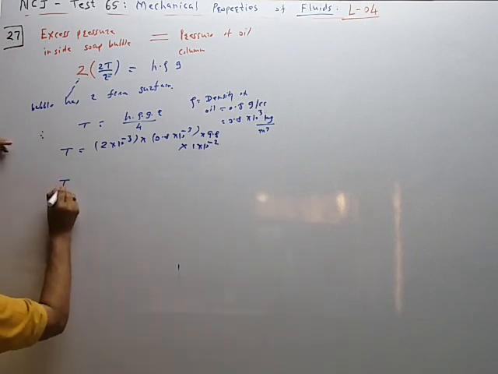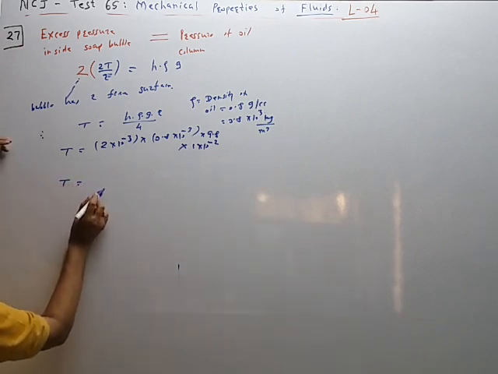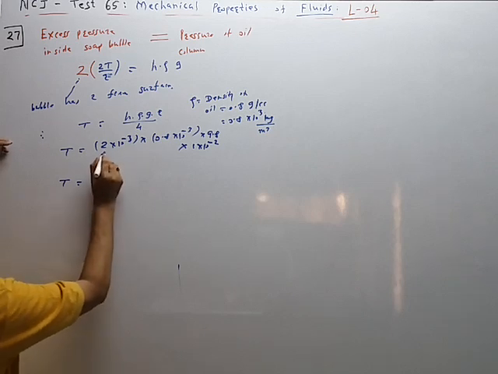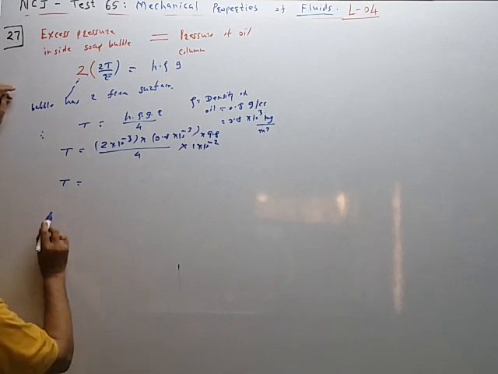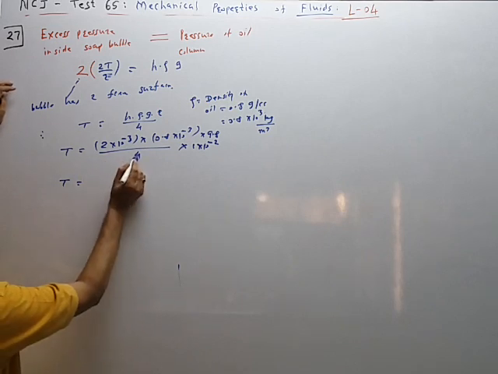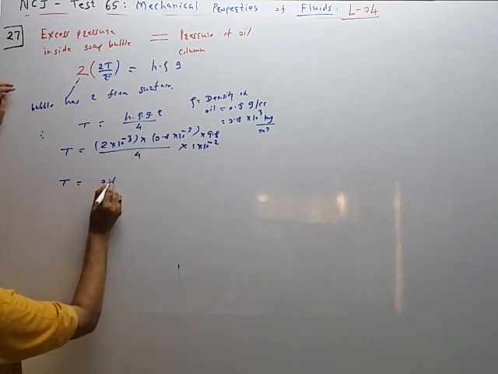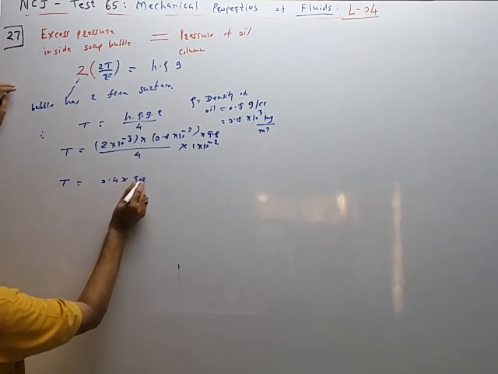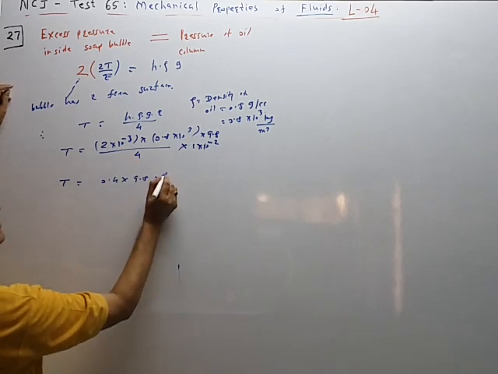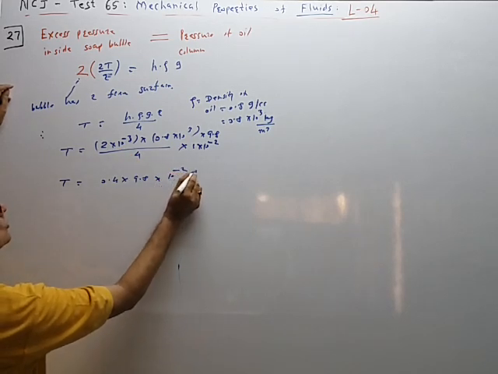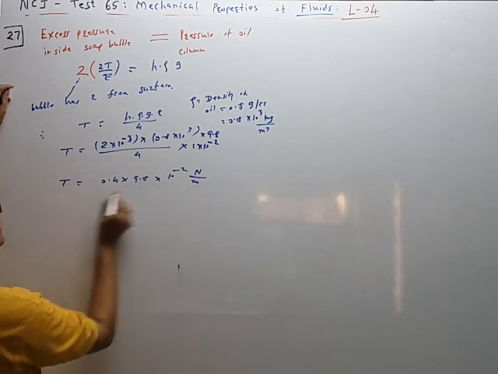So T is equal to, now see this calculation, upon 4. So this will be divided by 2 and this is equal to 0.4 multiplied by 9.8. Plus 3, minus 3 plus 3 will get cancelled, 10 raised to minus 2 Newton per meter.